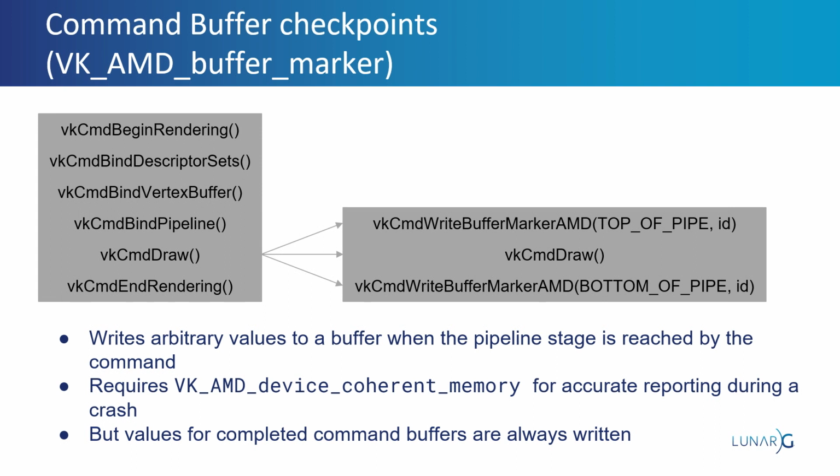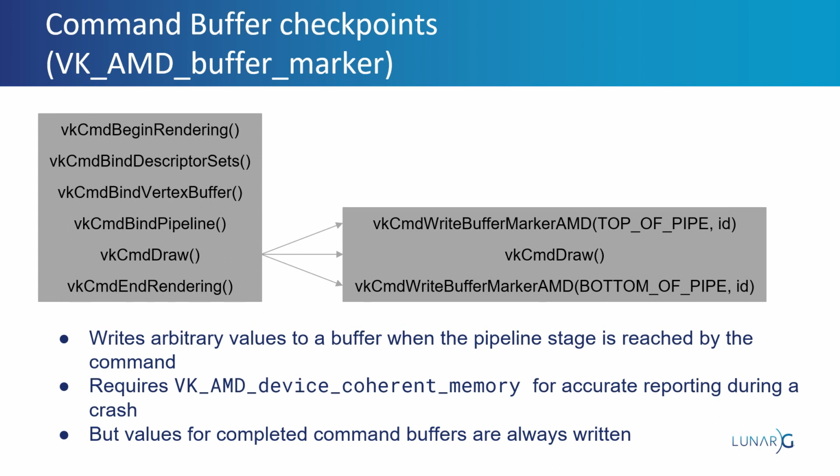So for the AMD Buffer Marker extension, which again is implemented by several devices, not just AMD, but they kindly made it for us. We have these write buffer marker commands, and you specify a stage, which is top or bottom of pipe, and that just lets you write whatever value you want into a Vulkan buffer, and when the GPU hits the stage, that value will be present in the buffer.